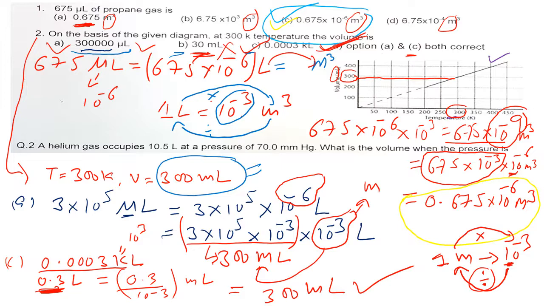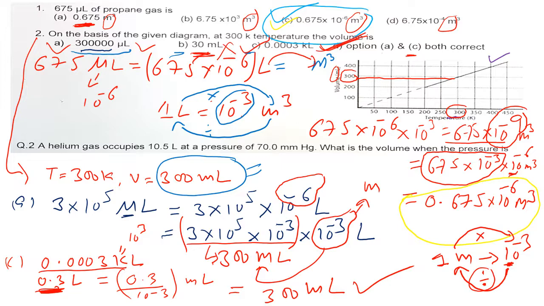But this answer 300 milliliter is not matching here, not in A, not in B, not in C. But here is one option, option D. Option D is saying A and C both are correct.